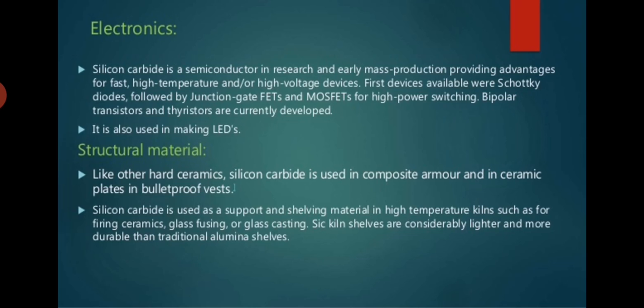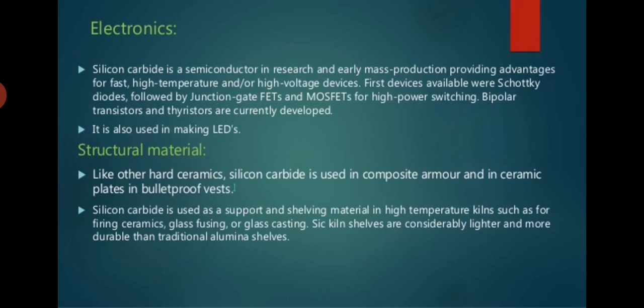And for structural materials, we use silicon carbide for hard ceramics and also armor and ceramic plates in bulletproof vests. Silicon carbide is used as support and shielding material in high temperature kilns such as for firing ceramics, glass fusing or glass casting.